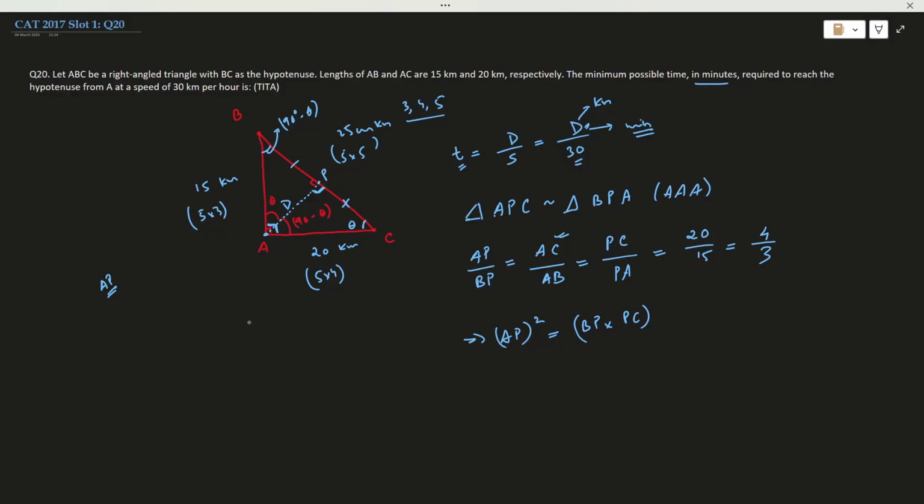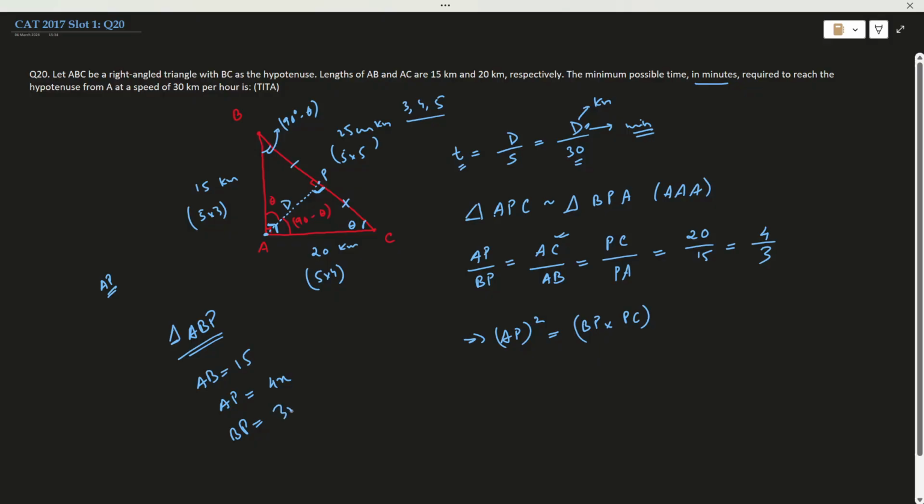Now let's focus on this triangle, triangle ABP. AB is given as 15. AP is equal to 4x. BP will become 3x. I know the ratio, it is 4:3, AP by BP.